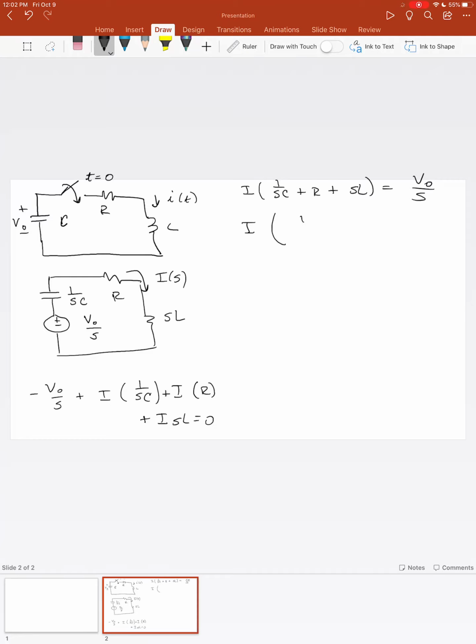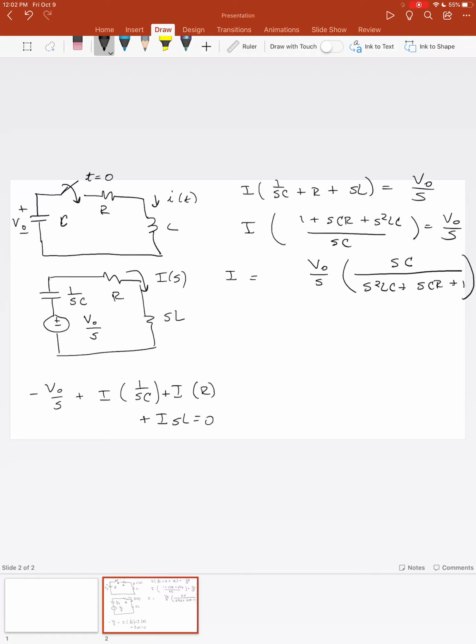So I times (1 plus sCR plus s squared LC) over sC is V naught over s. So I is V naught over s times, inverting this fraction, sC over s squared LC plus sCR plus 1.